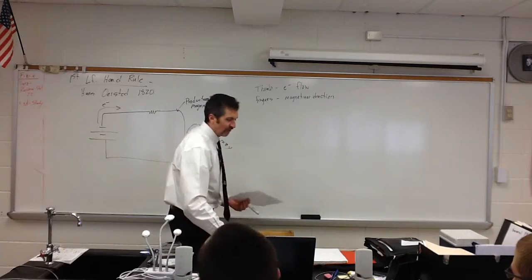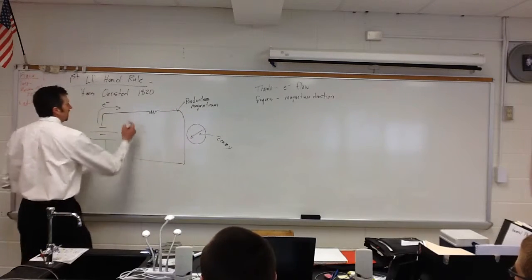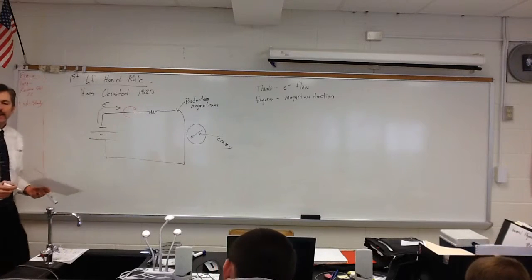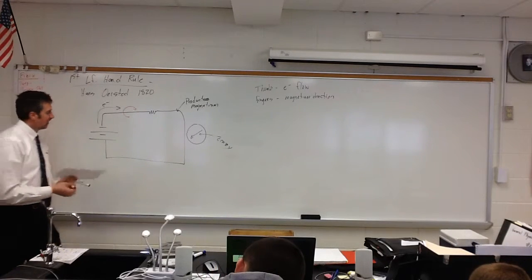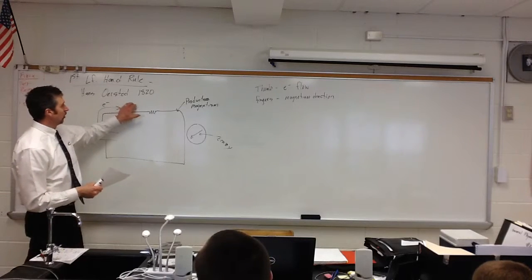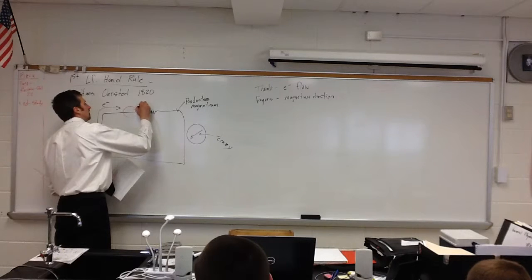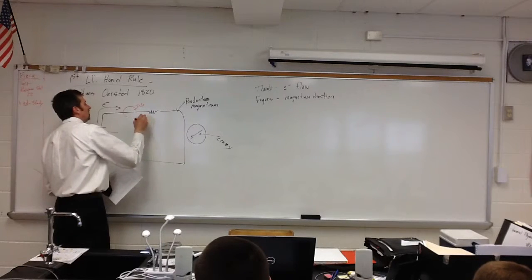In a 3D sense, you can see that the magnetism goes over the wire like that. In other words, it's going into the board up here and out of the board down here.